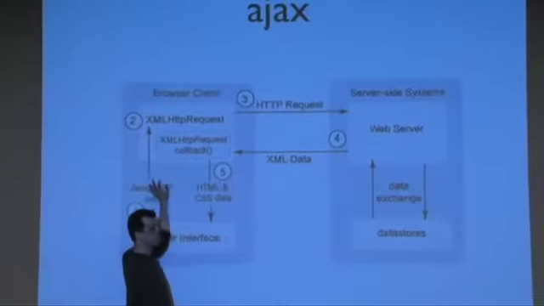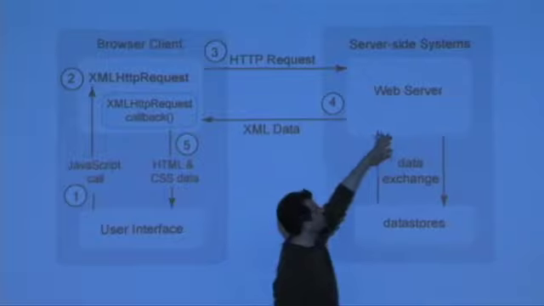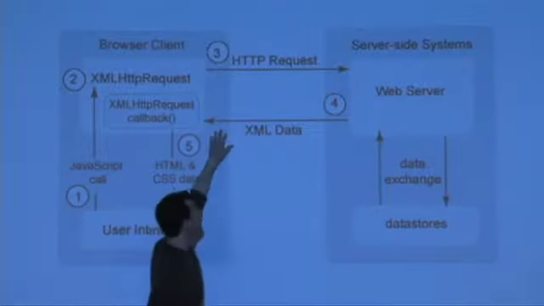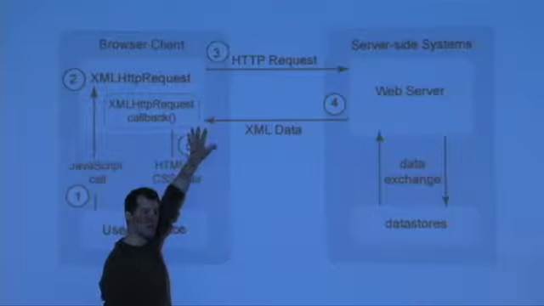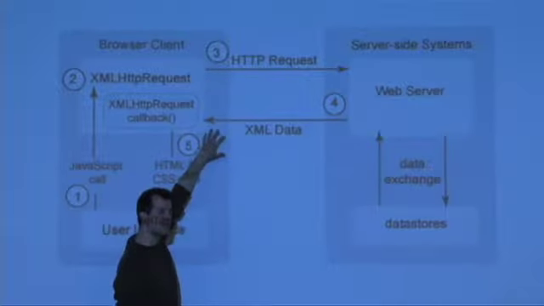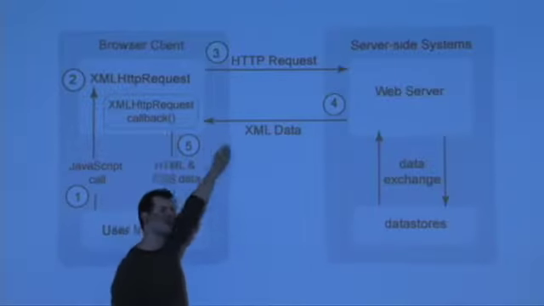The JavaScript function configures it with the URL that it wants to fetch data from. The HTTP request goes to the web server. The web server does its thing and responds with, back in the day at least, XML data, which is like HTML, but you get to invent your own tags and attributes. It then goes back to what's called a callback function.